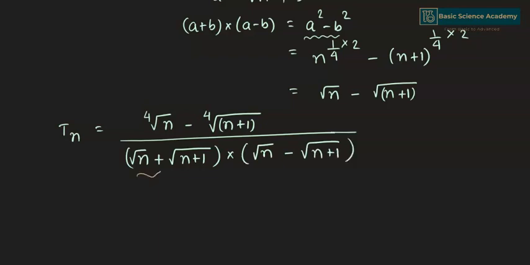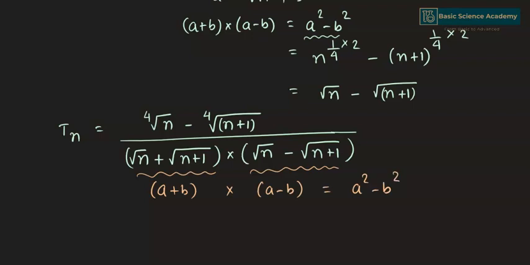Now again the denominator is in the form of a plus b multiplied by a minus b, which is equal to a square minus b square.